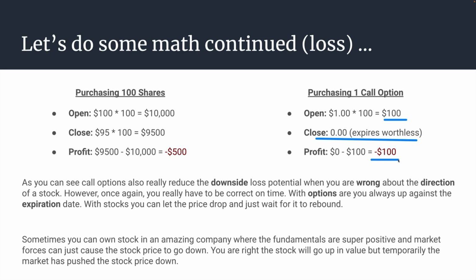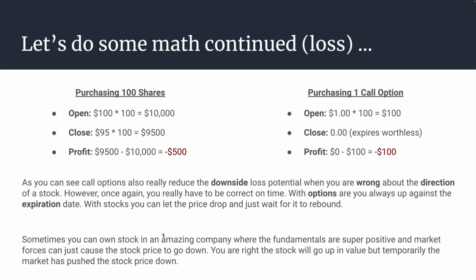So in the case of ACM going from the price of $100 when we bought the call option to $95 at the time of expiration, we would lose $100, the premium that we paid. As you can see, when you're wrong about direction, buying call options really reduces the downside potential. We only lost $100 relative to the $500 that you would lose if you own the shares.